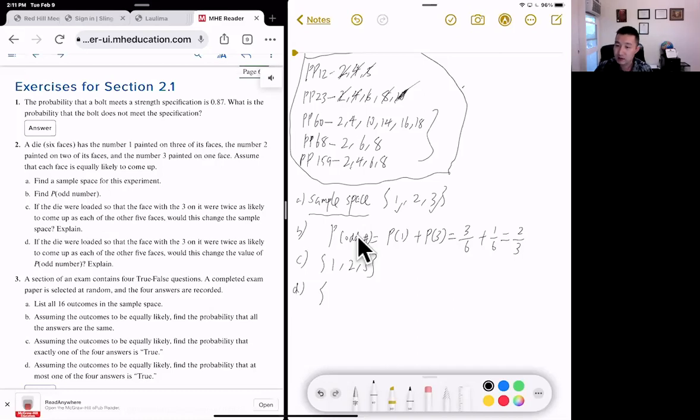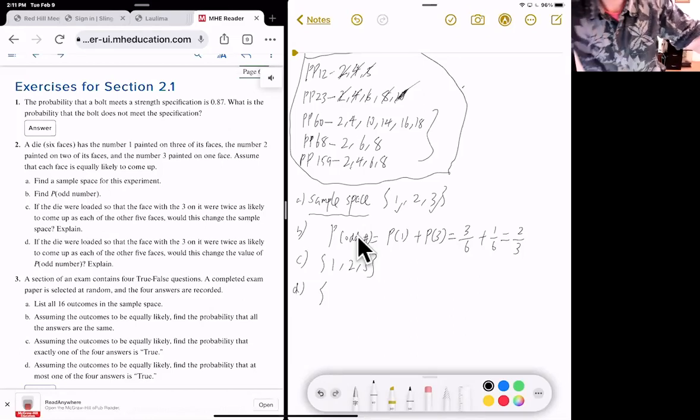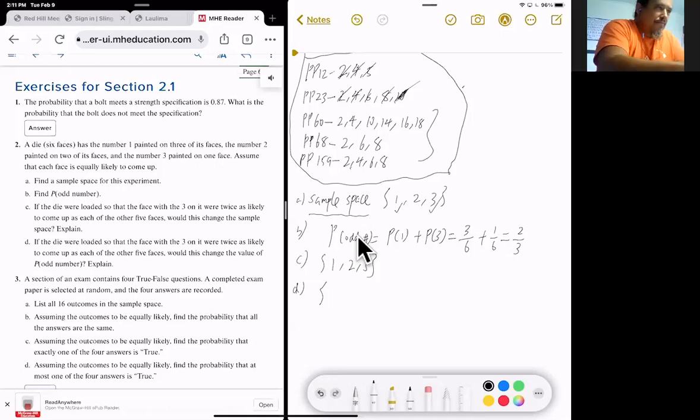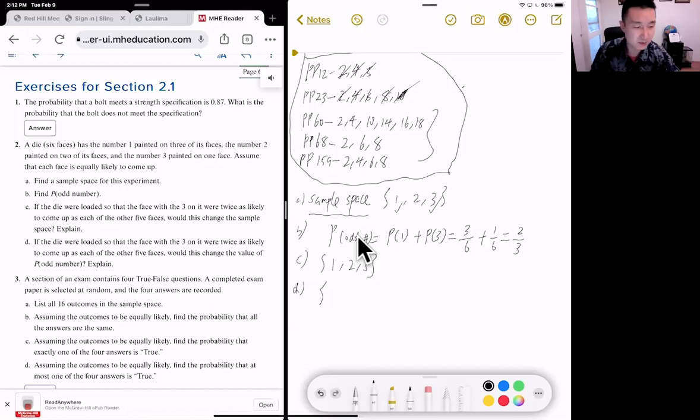Oh, the sound is really bad. Let me just double check the connection. How about the sound right now? So far, okay.